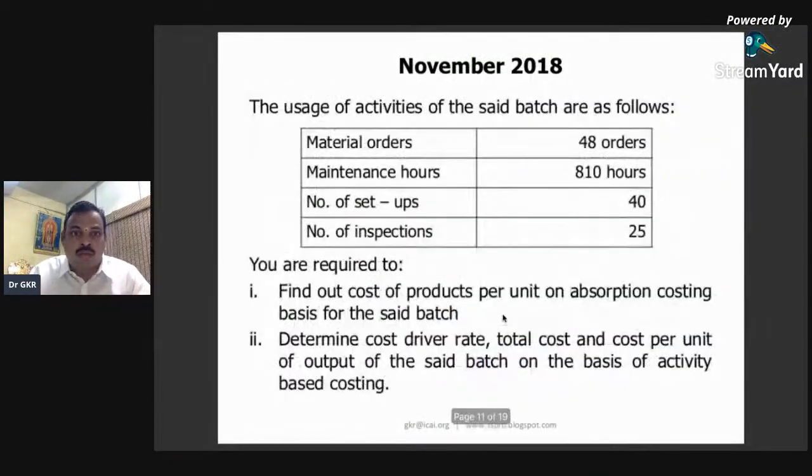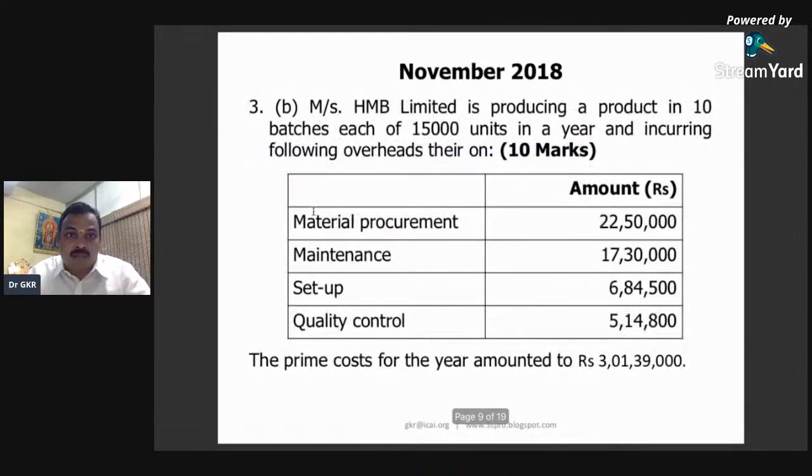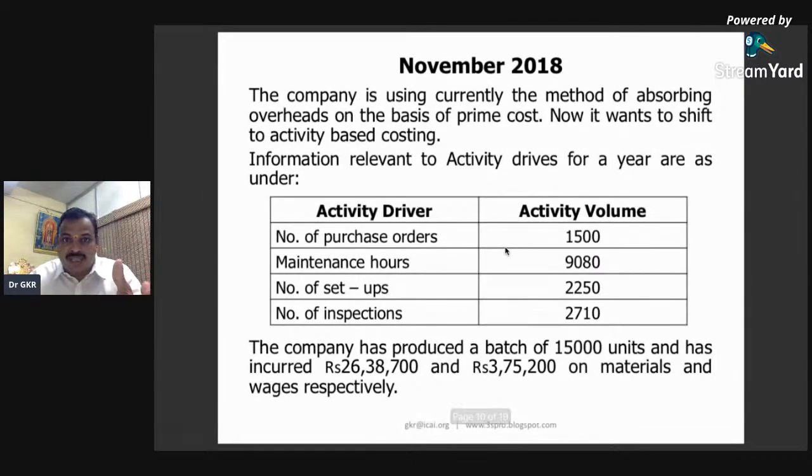Now you have to find the cost driver rate, total cost, cost per unit of the set batch and the basic activity. So this is your purchase orders for a year, and material procurement is given. So we are going to find the cost per driver, which will be your working note number 2.